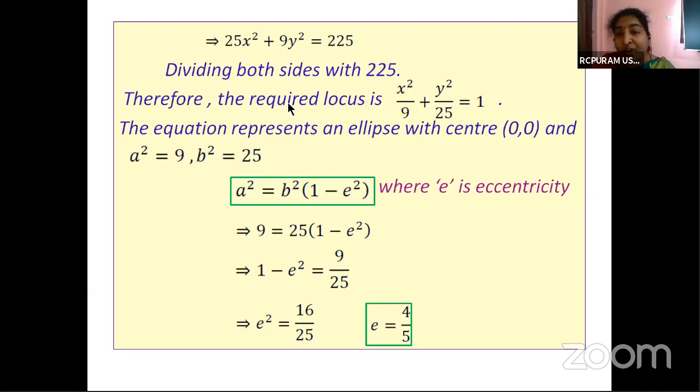So the locus what we got is representing an ellipse with center 0, 0 and an eccentricity of 4 by 5. So another point which I want to mention here is, for an ellipse, the eccentricity value will always be less than 1. Okay. And when we discuss the topic locus, it will be more clear to you regarding the properties of an ellipse, how we got the center as 0, 0, what are these a square and b square.